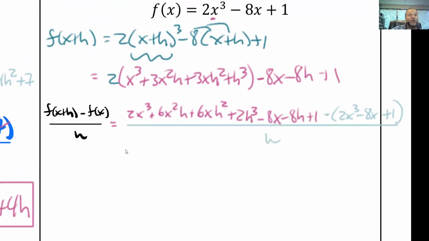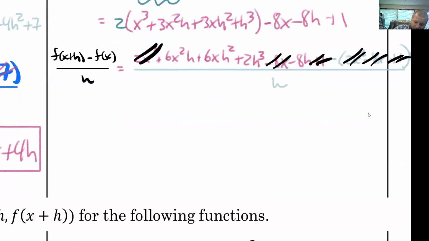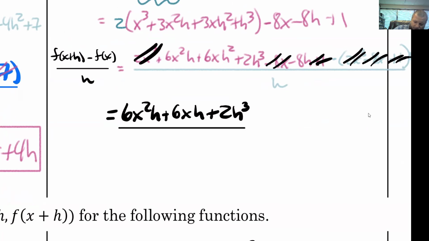And once again, we have polynomials, so everything in f of x should cancel. And indeed it does. I have a 2x cubed, I can get rid of that 2x cubed. I have a negative 8x, and I'm taking away another negative 8x, so negative times negative would be positive. I have a 1 here, and I have a 1 there. So I'm left currently with 6x squared h plus 6xh squared plus 2h cubed all over h.